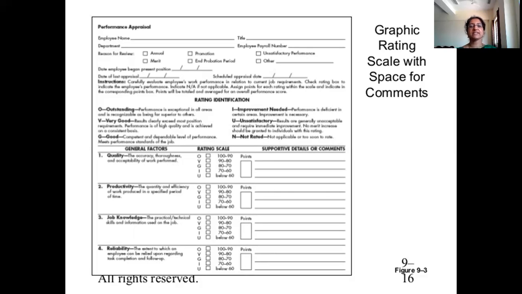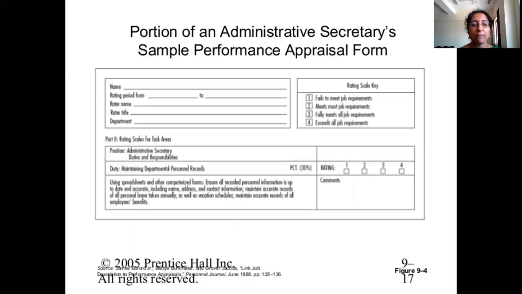So from this, we understand that a graphic rating scale can be done on generic traits like quality, productivity, reliability, etc. Graphic rating scale can also be done for a specific job duty. How well is the employee performing a specific job duty? So this is one example of a graphic rating scale related to a specific job duty.